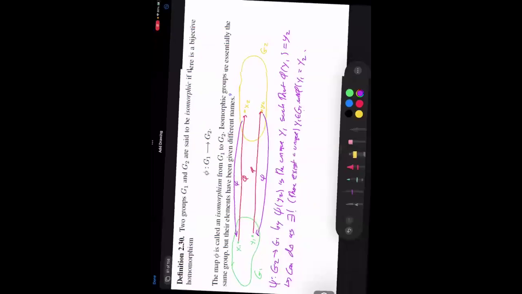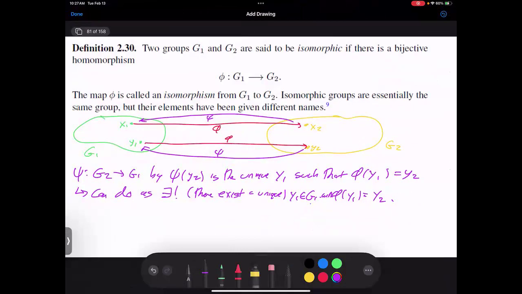Okay. Have we proven that C is a group homomorphism? What do you think? Is C a group homomorphism, yes or no? It should be.